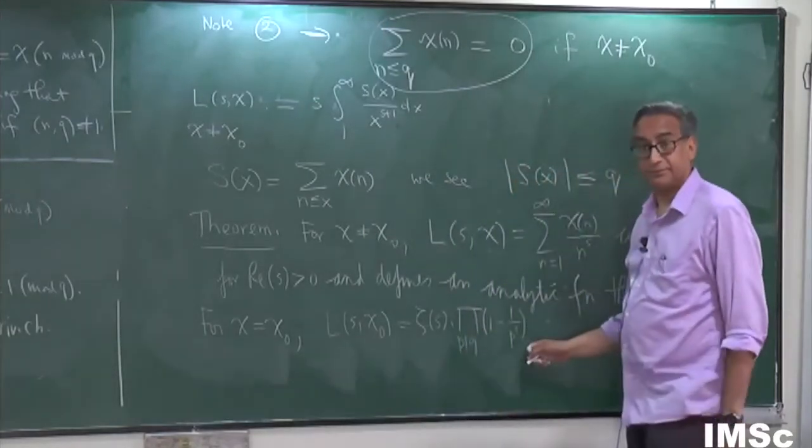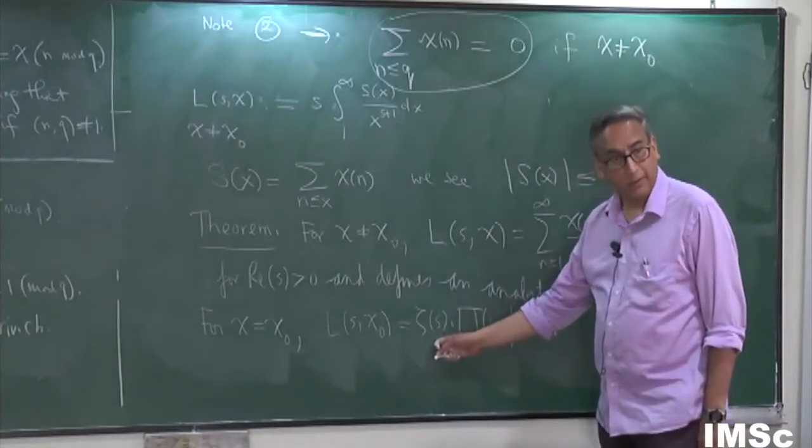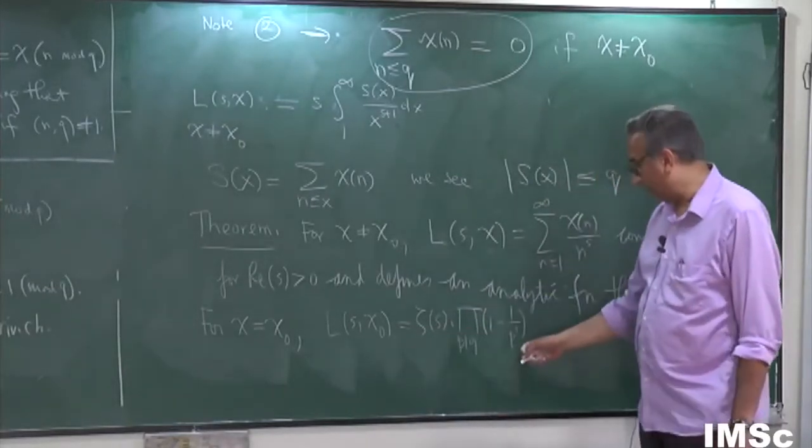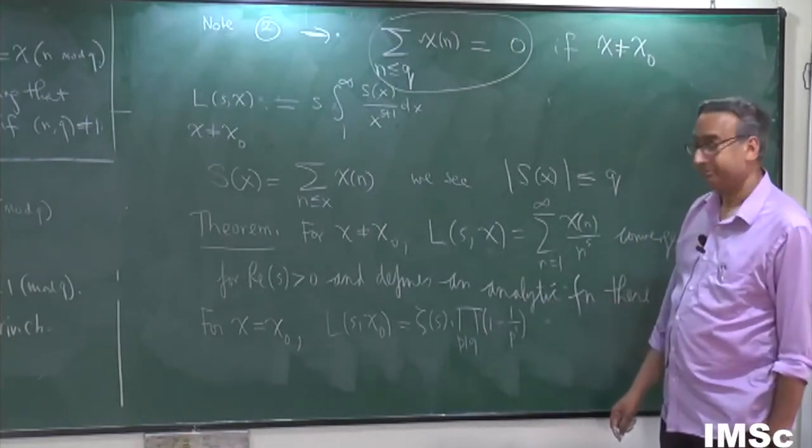removed. So you have this, and therefore this has a pole at s equals 1, and the residue is whatever it's supposed to be. It's phi of q over q or something.